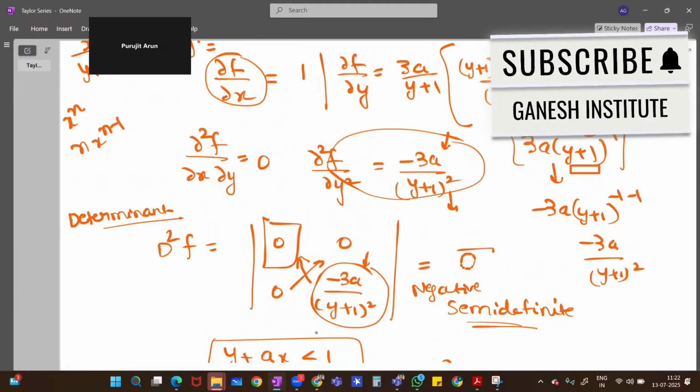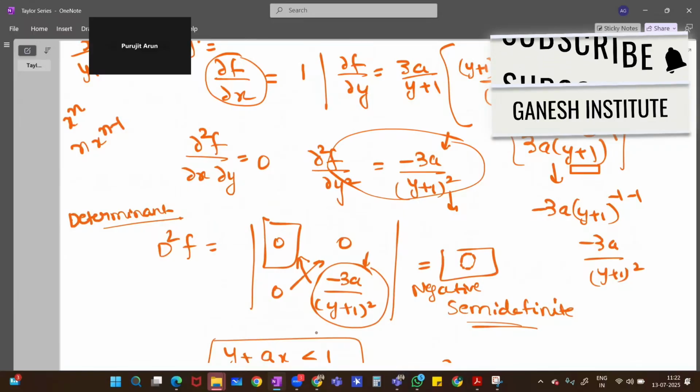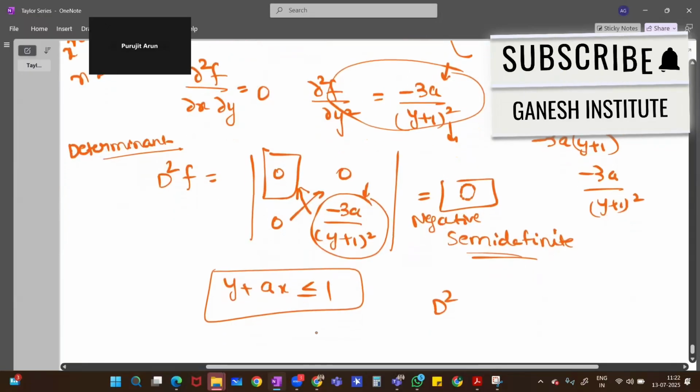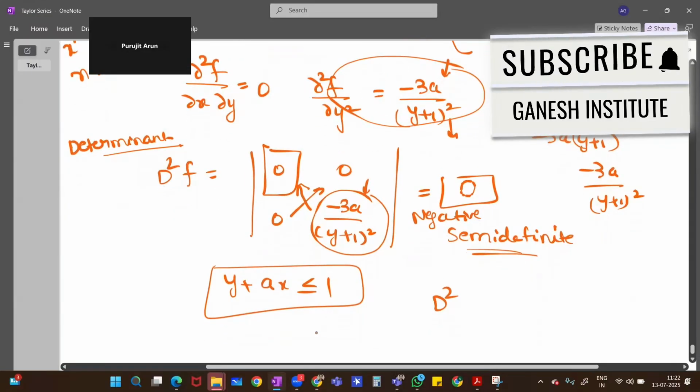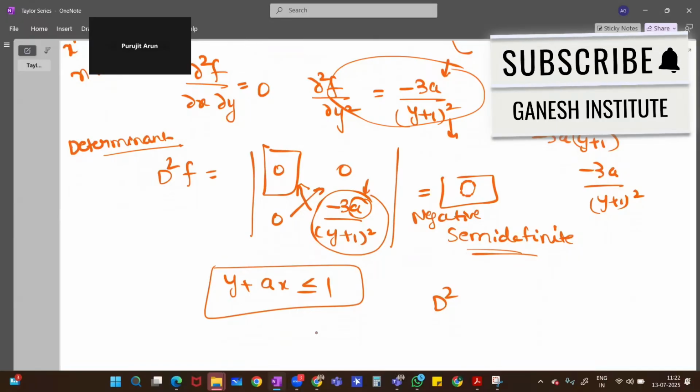Because if it is 0, we know that it is inclusive and is the semi-definite condition. But for negative or positive, I need to check whether the value of A is negative or positive, right? Okay, ma'am, I'm writing that down. One second.